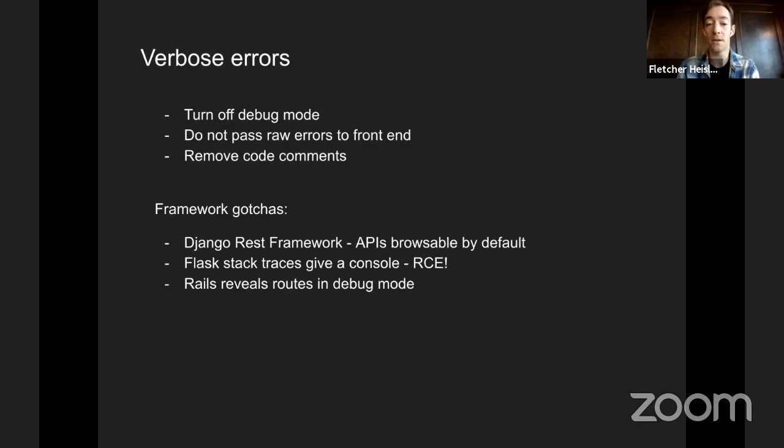A few specific framework gotchas. Django REST framework, which is used for APIs in Python apps very frequently, has a really great browsable interface that is fantastic for development and fantastic for attackers trying to figure out your endpoints and how to abuse your API. So make sure that that is turned off in production. Flask gives stack traces that give a console.